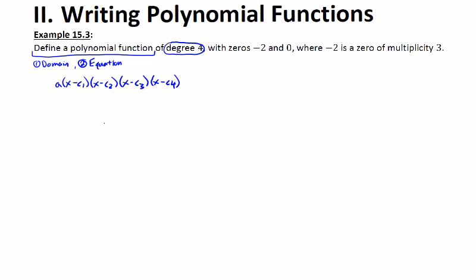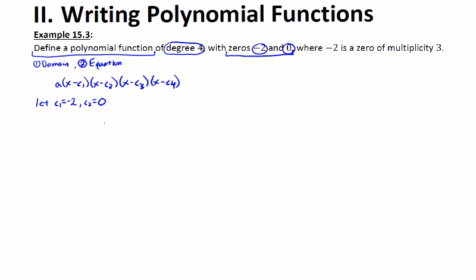It also says that we have to have zeros of -2 and 0. So -2 and 0 could be used to represent c1 and c2. Let's let c1 be equal to -2, c2 be equal to 0.